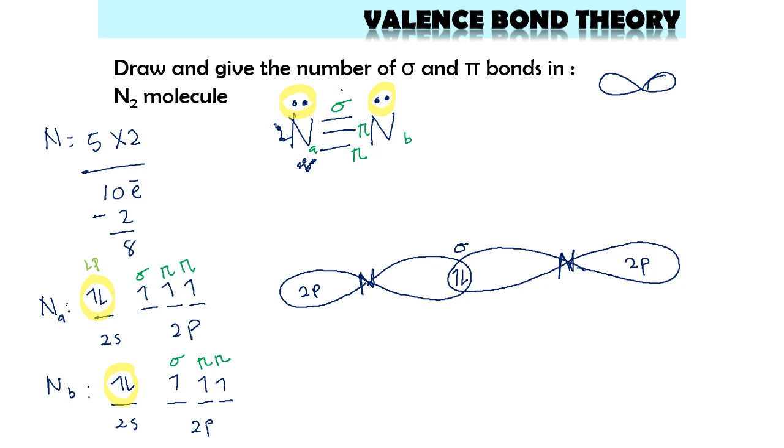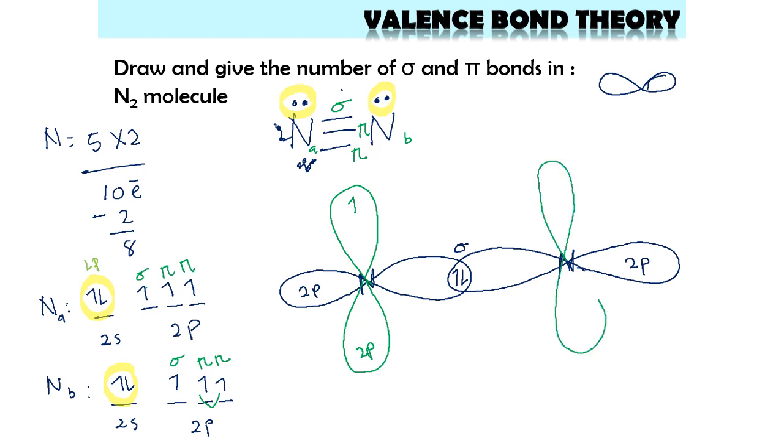Okay, next. 2p orbital kita ada 3 orientation kan? Px, Py dan Pz. So kita lukis yang menegak dulu. I'll use green color. Ini adalah 2p orbital, and you have one electron. Dia akan overlap with this electron, so mesti lukis pasangan dia mesti yang menegak juga. Pair up the electron, spin up, spin down, 2p.